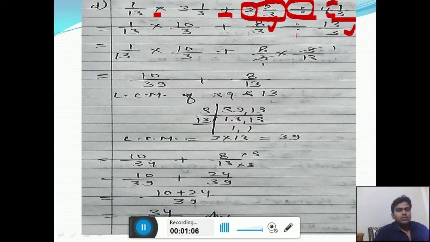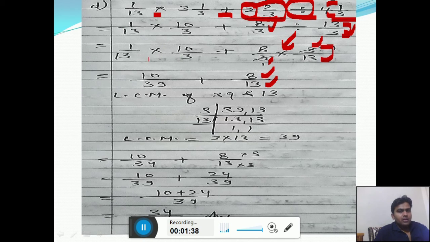Now you can change the sign divide to multiply and take the reciprocal of 13 upon 3. So 13 upon 3 becomes 3 upon 13. Now this 3 and this 3 we can cut. So we are left with 8 into 1, so we got 8, and from here 1 into 13 is 13. Understood? So we are left with 8 upon 13.